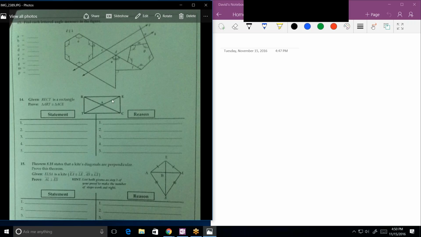Which now we got side, angle, side. Yep. That's why I asked. In other words, if you know what you're going to use to prove they're congruent, it kind of helps with the proof. I've thought it out in my head, and I can tell that I need to prove side, angle, side.